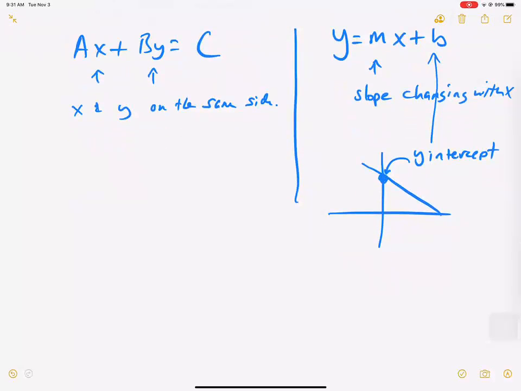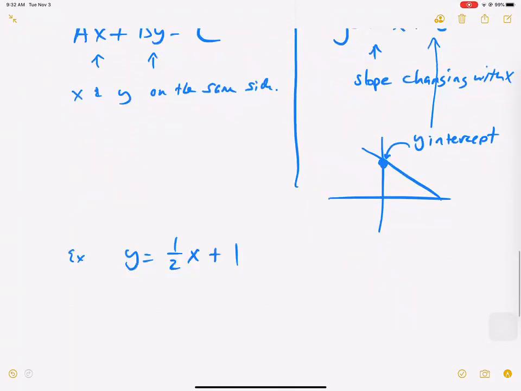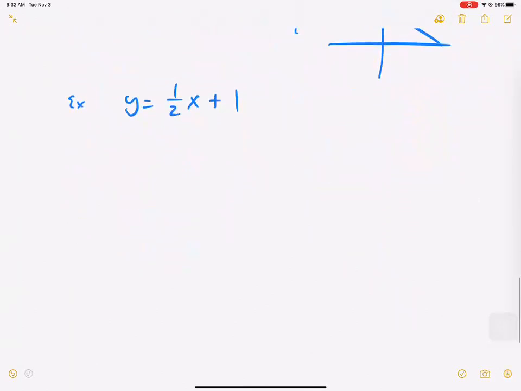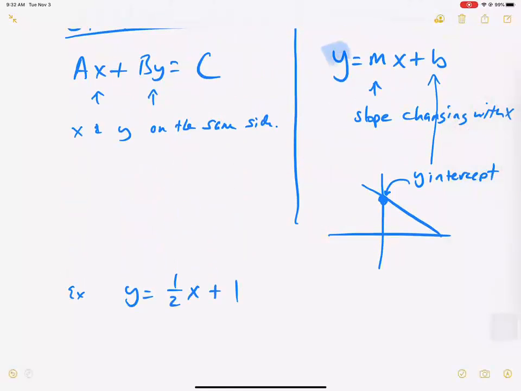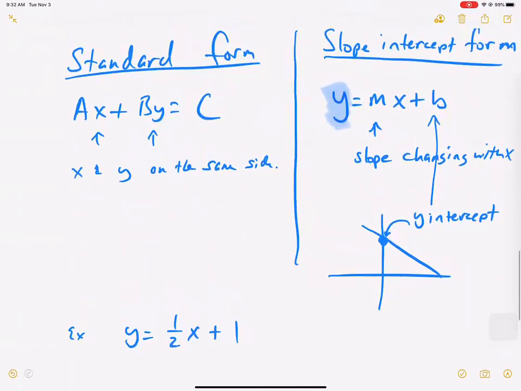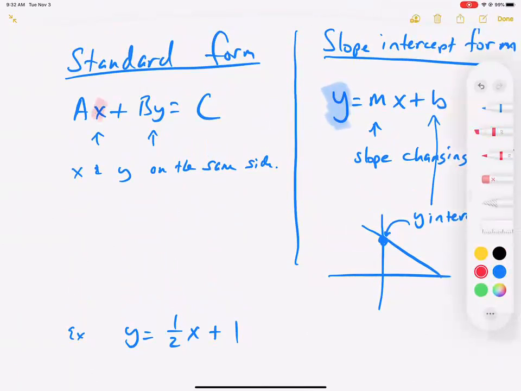So here's my first example. Y is equal to 1/2 x plus 1. Is this in standard form or in slope-intercept form? Here's a hint. Slope-intercept is always y equals, while standard form always has x and y on the same side.